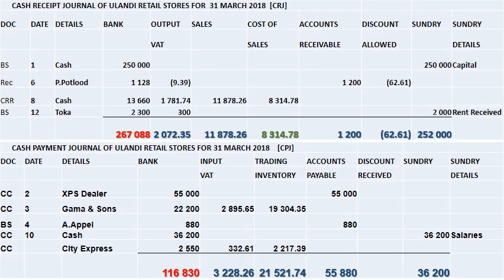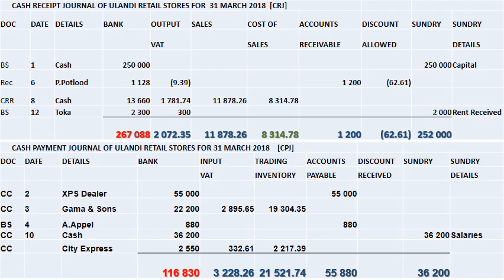To close off our cash journals, we will have to calculate and determine the subtotal for each column. We will start by calculating the bank total.